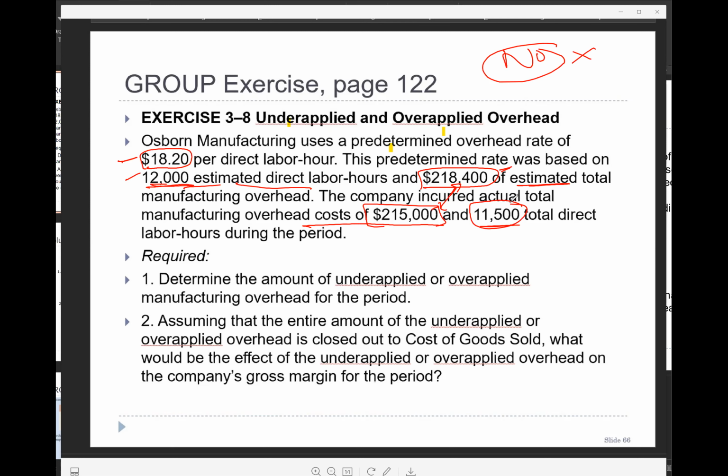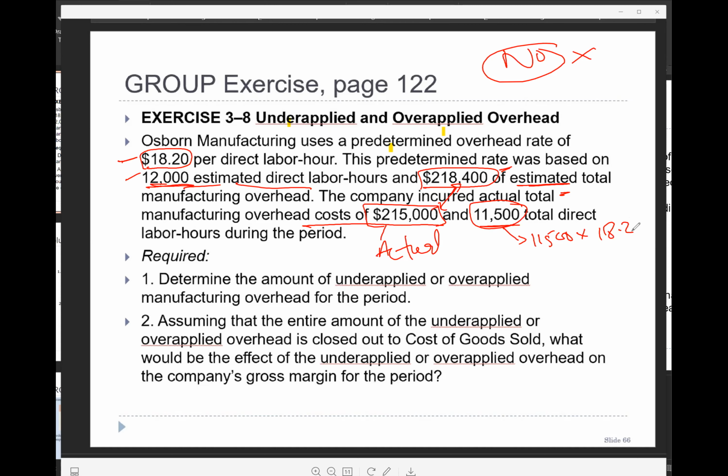So in order to be even, we need to find out what, so this is the actual data, right? The company actually incurred total manufacturing overhead 215,000. So we need to find out how much is the estimated overhead based on 11,500. So just multiply with 18.2.